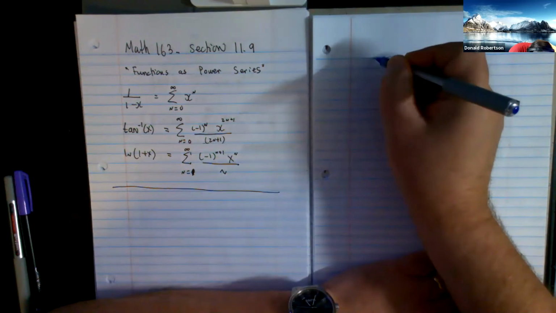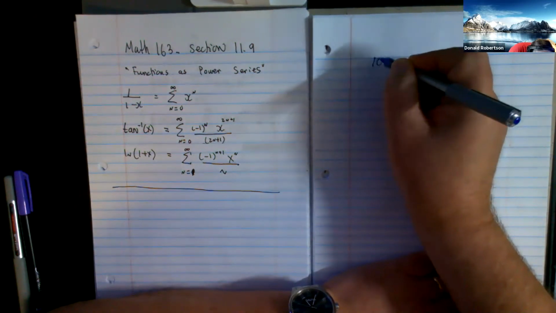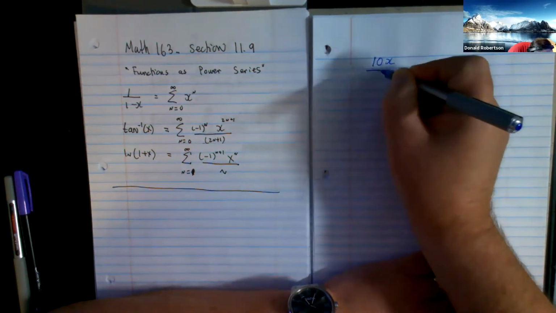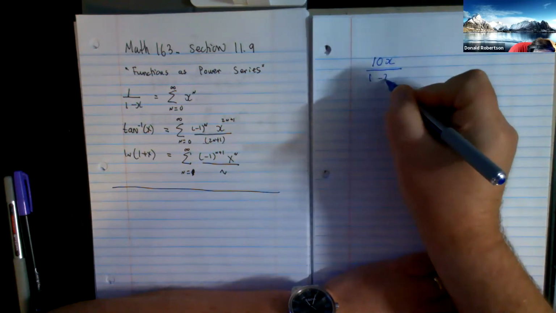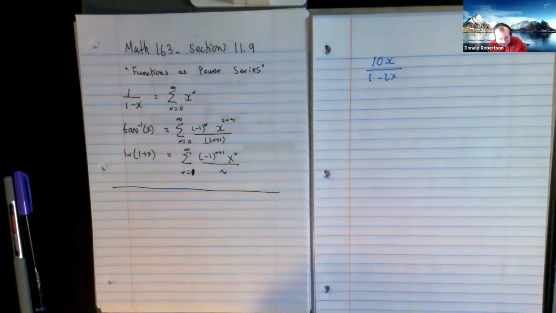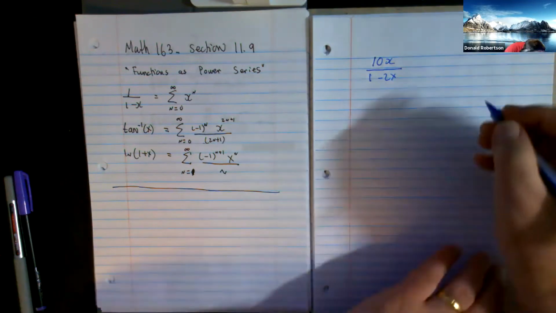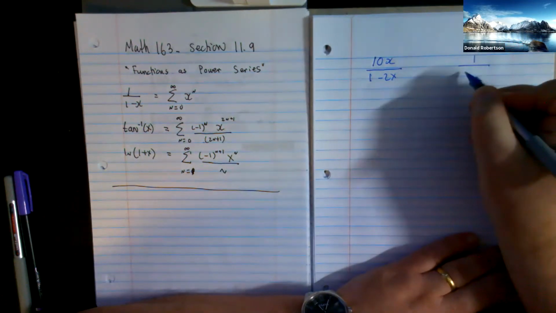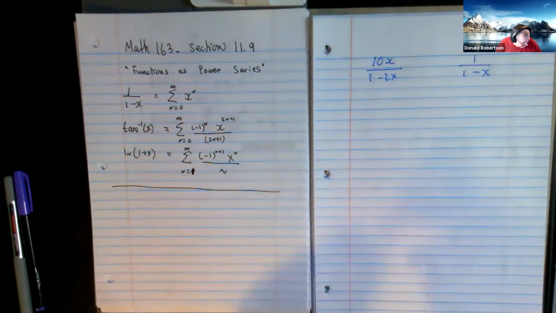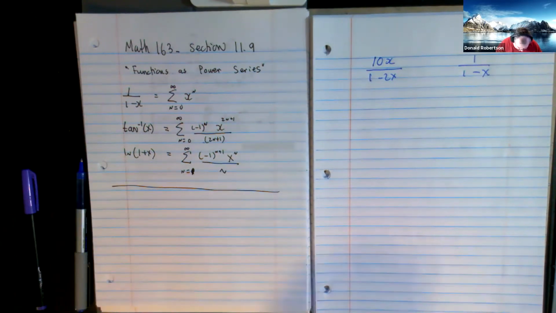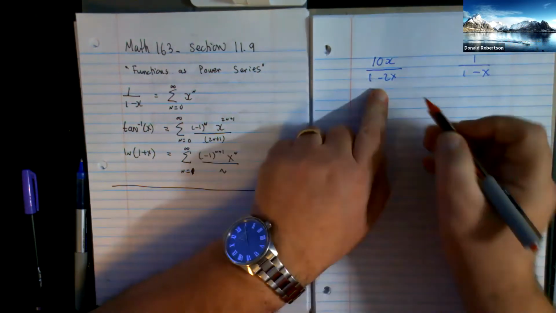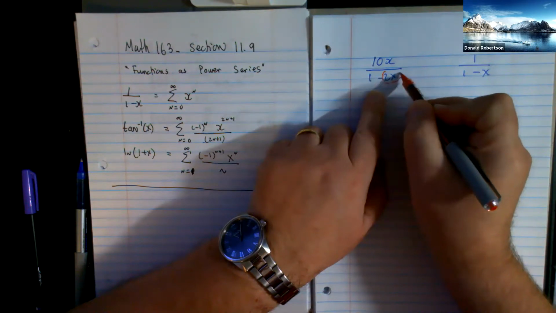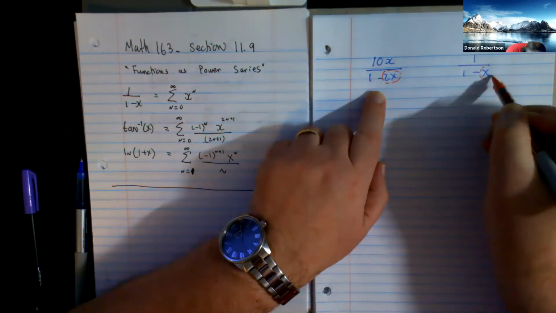So, suppose I would like to get the power series for that. And I'll write beside it, if you like, the building block, the one that we're going to use. Now, this one is going to go there, right?